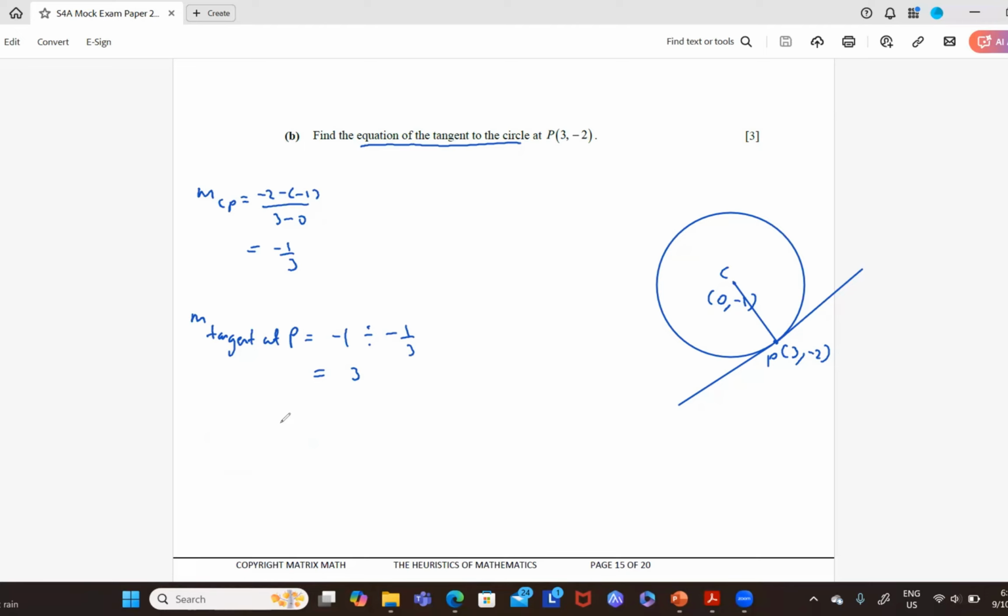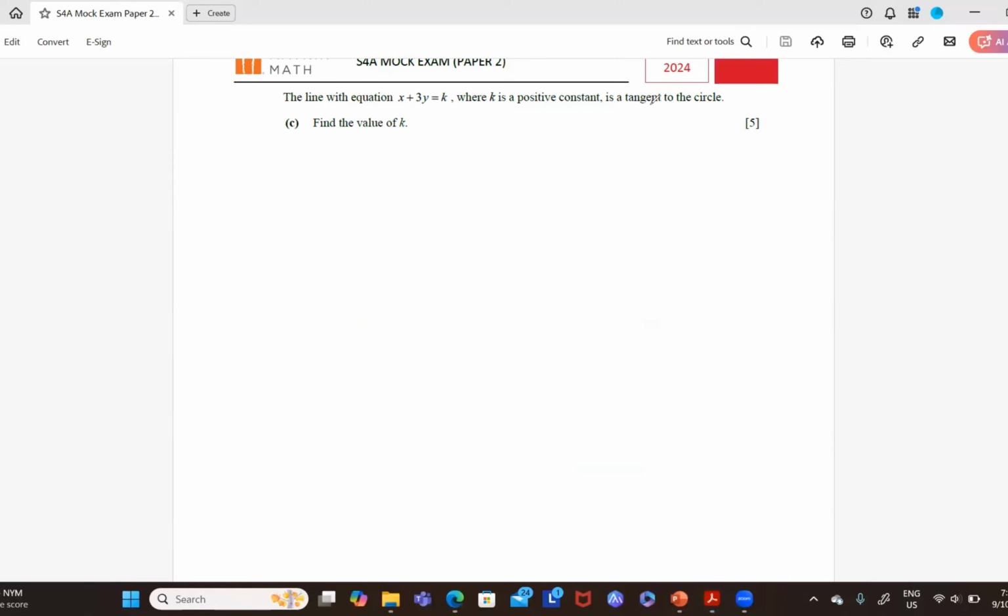Okay, so from here, write down your linear equation y equals to 3x plus c. So when x goes to 3, y equals to minus 2. So put minus 2 equals to 3 bracket 3 plus c. So c equals to minus 11. So your equation will be y equals to 3x minus 11.